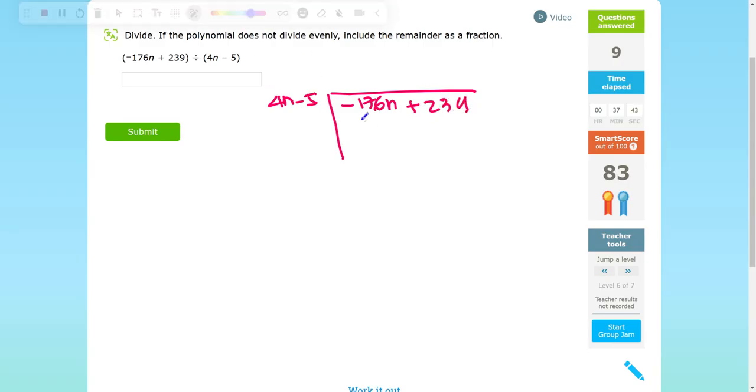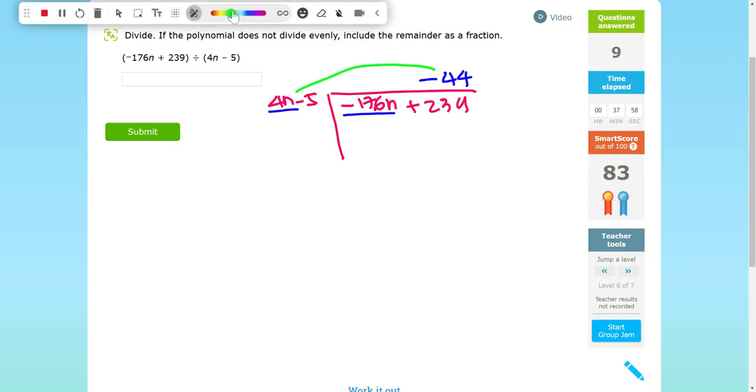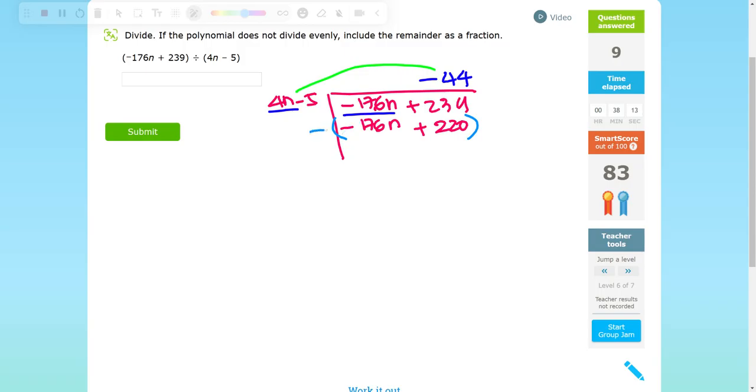I take negative 176n and divide by 4n. It should come out at negative 44. Now multiply them back. Negative 44 times 4n is negative 176n. Negative 44 times negative 5 is plus 220. Put in parentheses and then subtract.